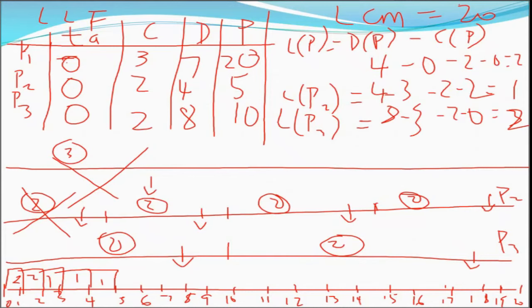You understand? But P3 is still active in the old cycle, right? So the starting point for P3 is 5. Do you understand? So the starting point for P3 is 5. The starting point for P2 is what? 0. So this one, now P1 is gone because we are done with it.